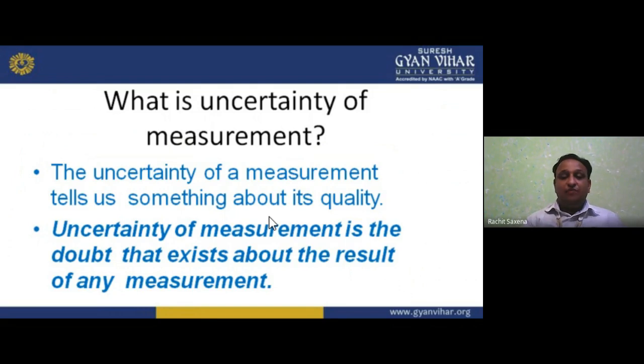It is basically a disturbance in your mind about whether we are getting the right result or not. We always have a doubt because we think the reading we are getting is not certain.